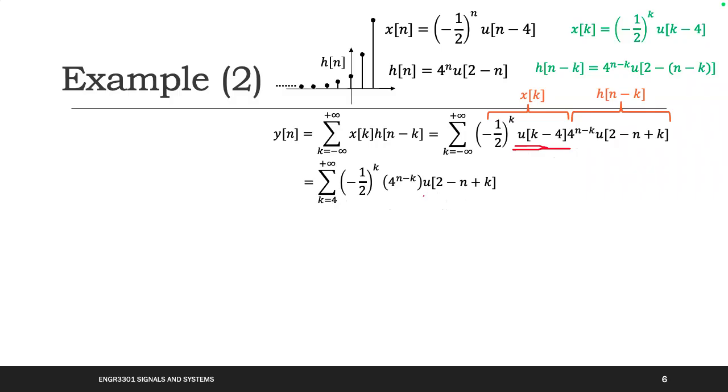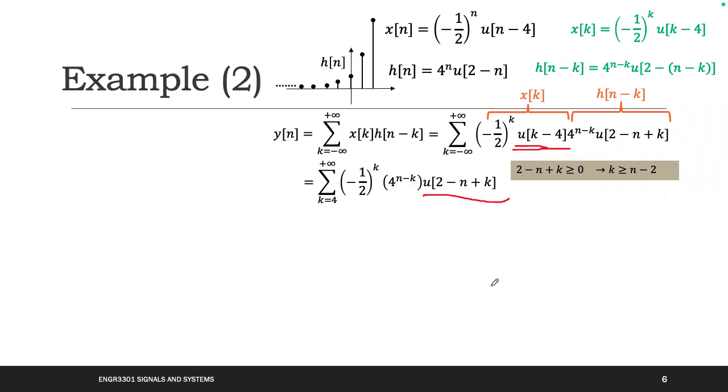And then let's check this part. How can we remove this part? The similar thing, am I right? We need to let 2 minus n plus k be greater than or equal to 0, and then we can remove this one. That makes sense to you? And then k should be greater than or equal to n minus 2.